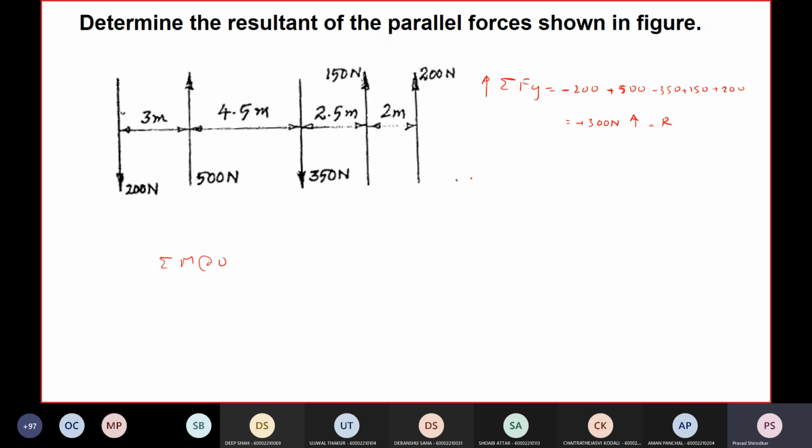Now take moment about O. Choose this as origin. The moment of this 200 newton force is 0, as it is passing through the origin. I am taking clockwise positive. So minus 500 into 3 plus 350 into 7.5 minus 150 into 10 minus 200 into 12 is equal to how much?